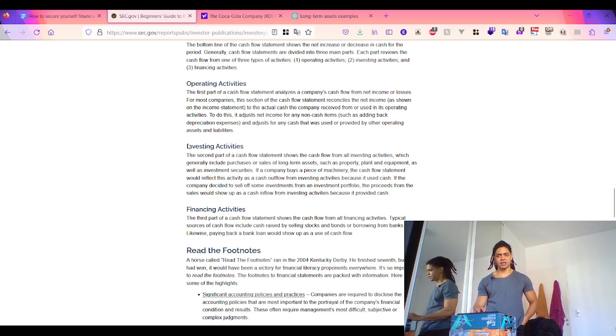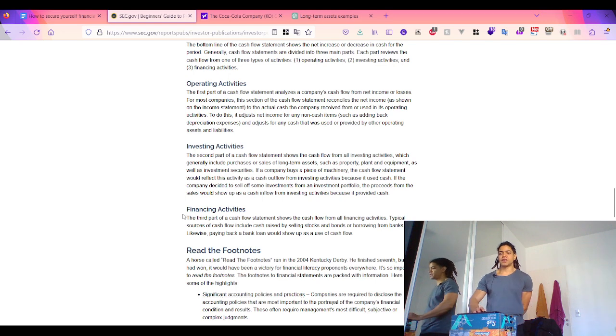This is kind of easy to understand. Investing activities generally include the purchase or sale of long-term assets, intangible assets, property, plant, and equipment, goodwill, leasehold improvement.